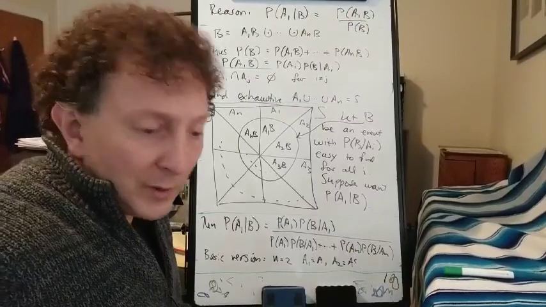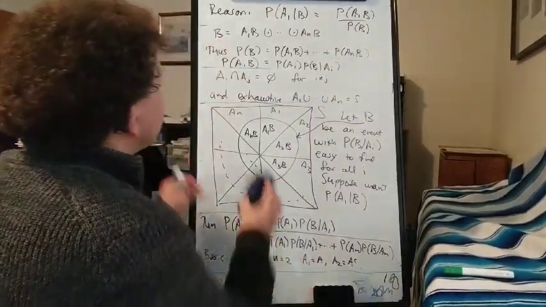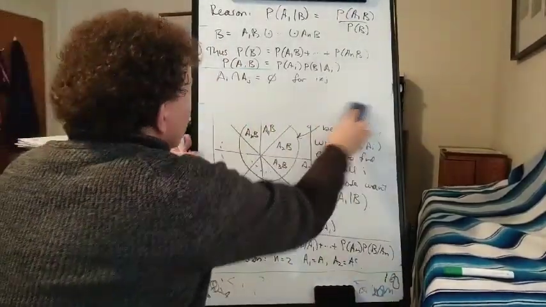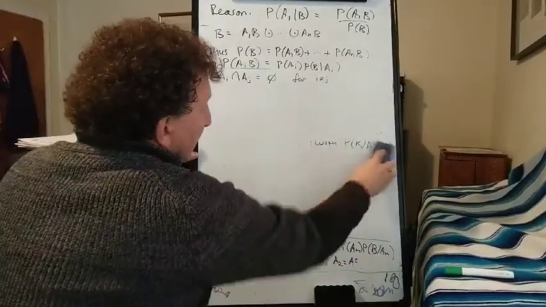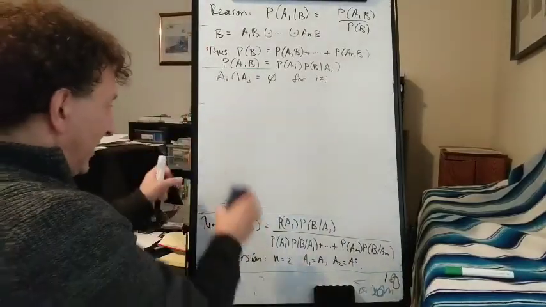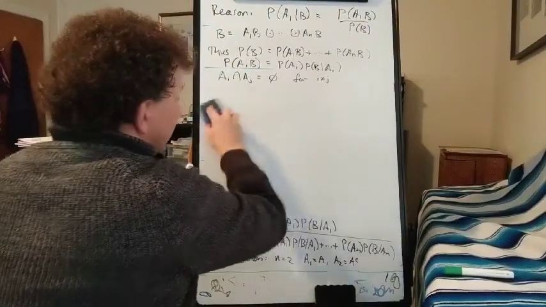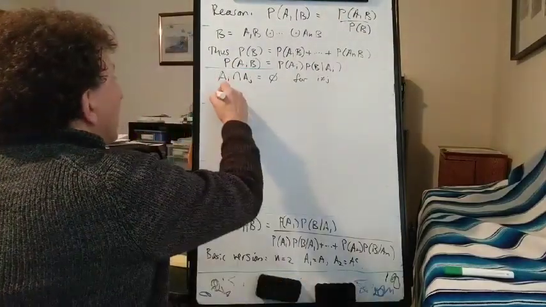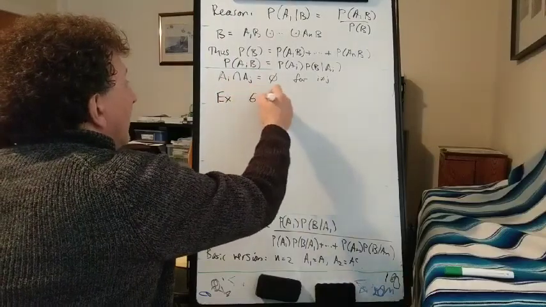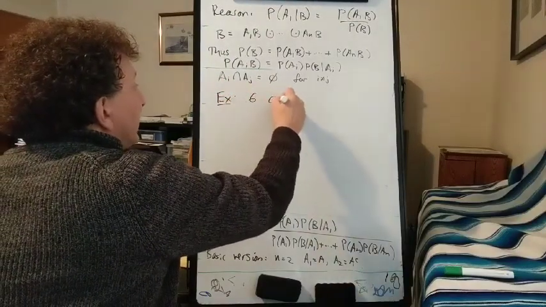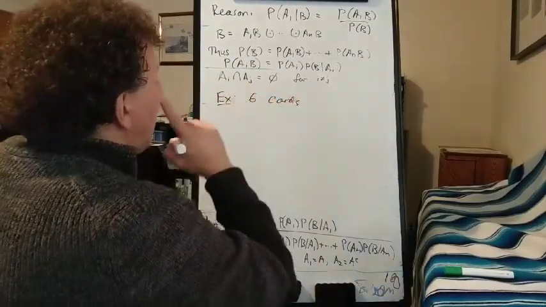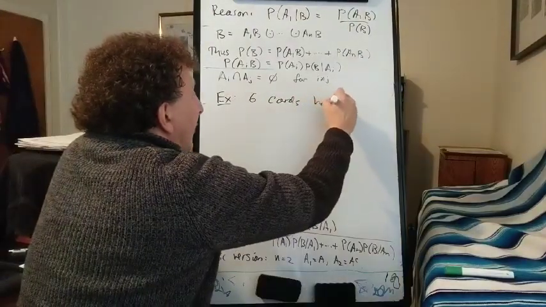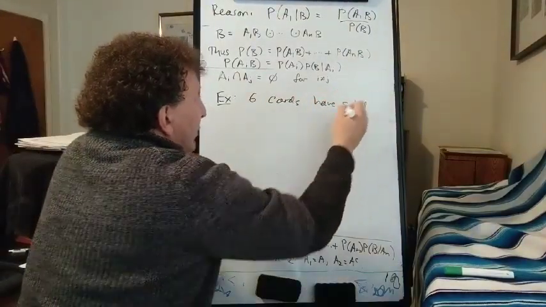Alright, so now let's do an example. I'll keep the formula down here so we can look at it. Let's say we have 6 cards, and they have solid colors on both sides.